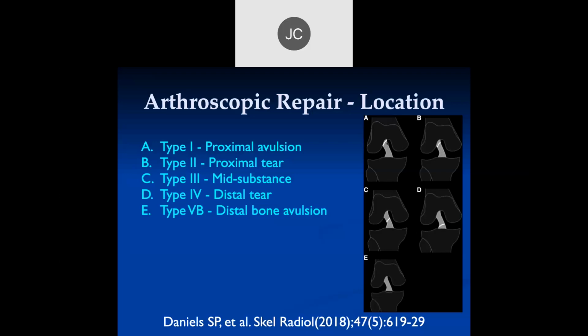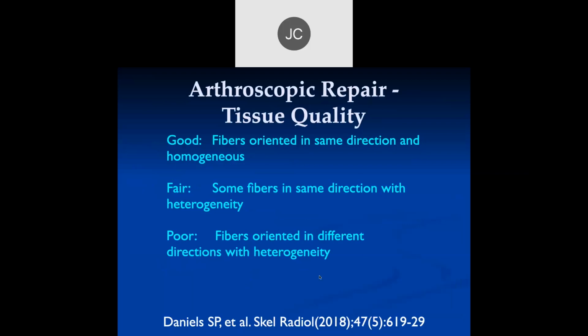And types 1 and 2 are ones that some people are considering potentially repairing rather than doing graft placement for. Obviously, for the bony avulsions, type 4, type 5B, you need to do a different kind of surgery than a typical graft placement.